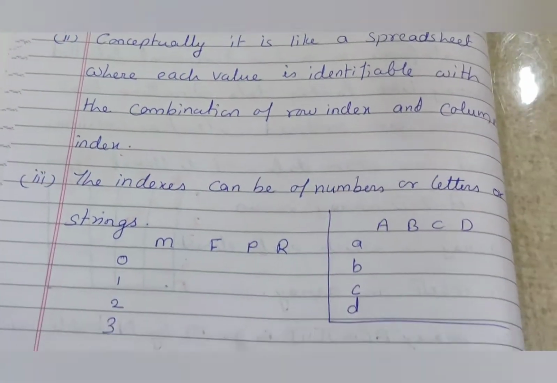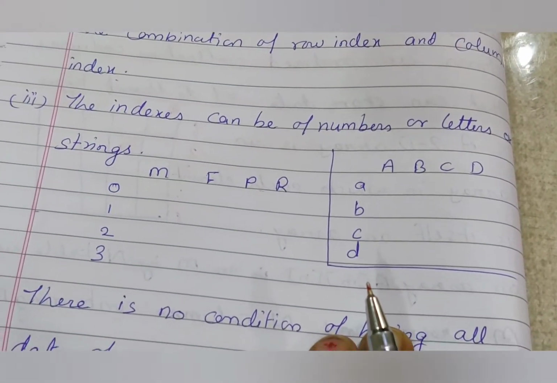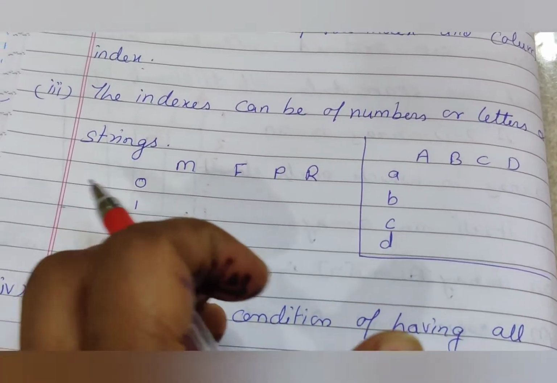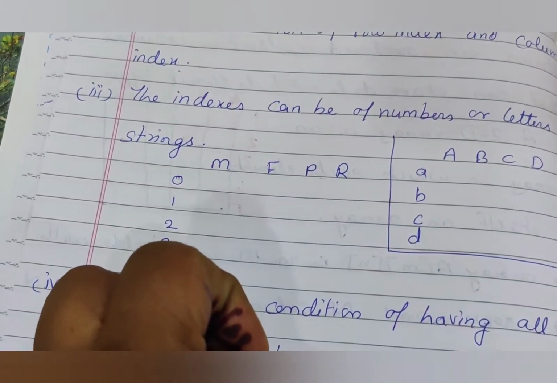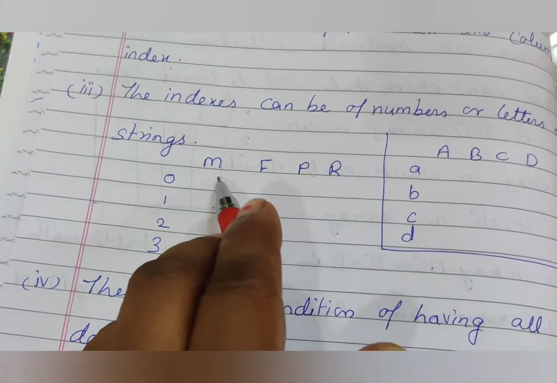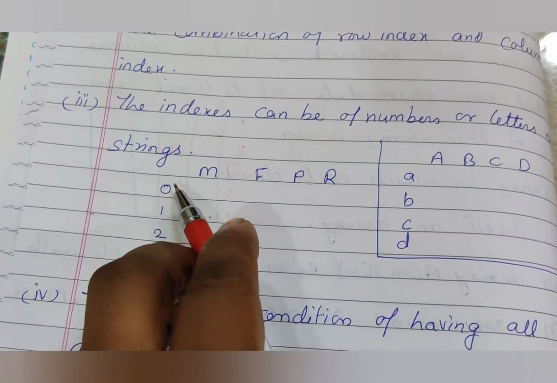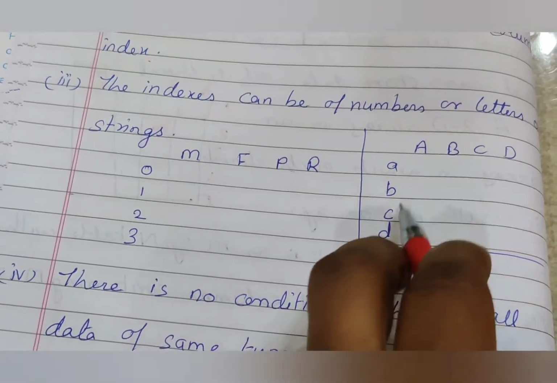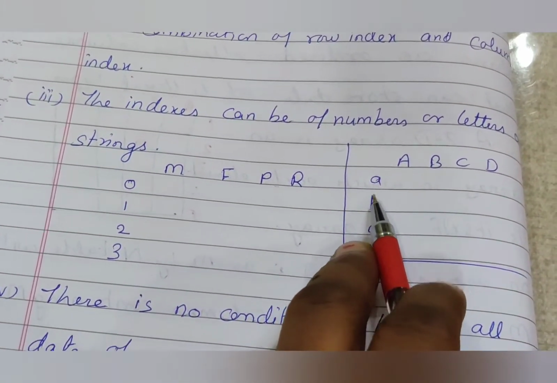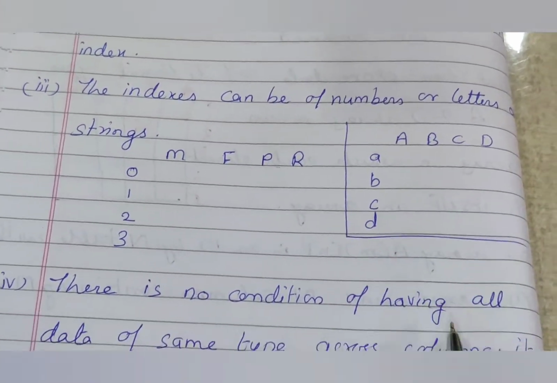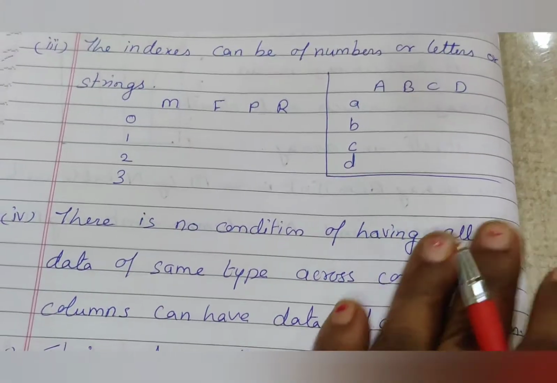Now the index can be numbers, letters or strings. In Excel there are ABCD columns and 1 2 3 4 rows. Here you can have characters or numbers, or both. The row value can be a character and the column value can also be a character. Any type you can choose.